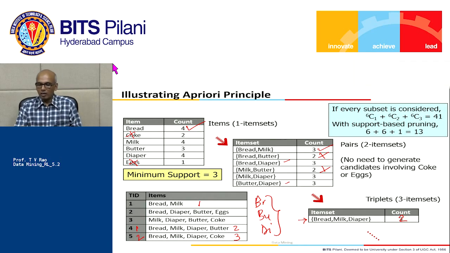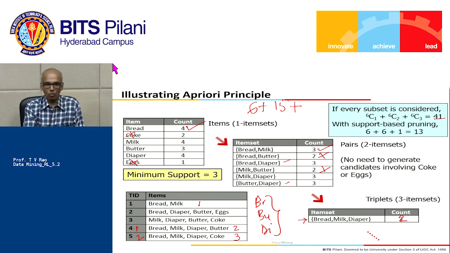In general, since we are going up to 3 levels, the summation is 6C1, 6C2, 6C3. 6C1 is 6, 6C2 is 15, and 6C3 is 6 into 5 into 4 by 3, which is equal to 20. So that is equal to 41.